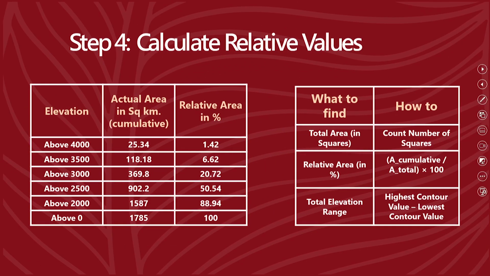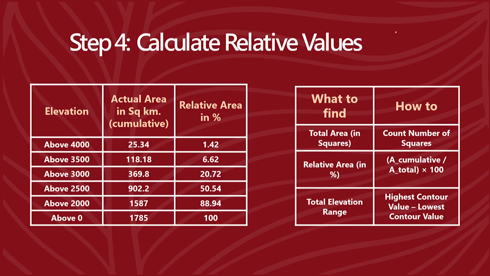Now, we will move on to step 4, calculate the relative values. So, in the earlier step, what we did was count the number of squares above a certain contour value. Now, what we do is, we know that the scale is 1:50,000, which means we need to take a grid that is 2 centimeter into 2 centimeter.